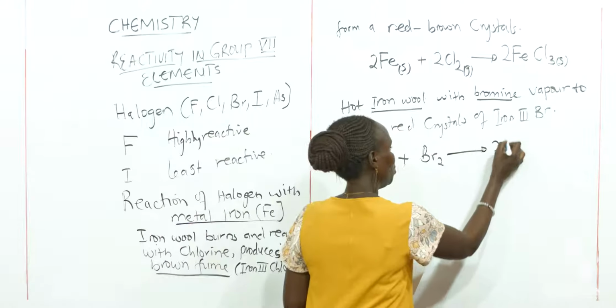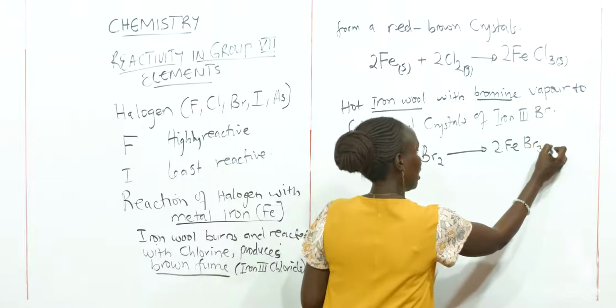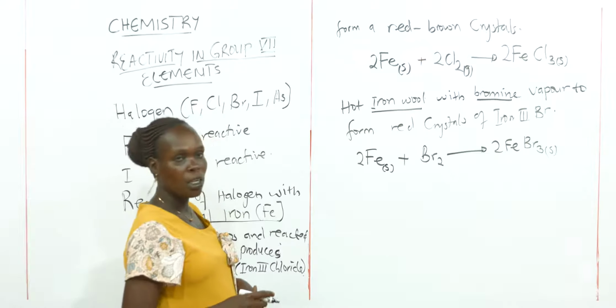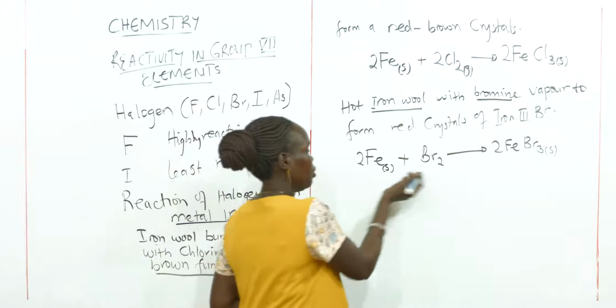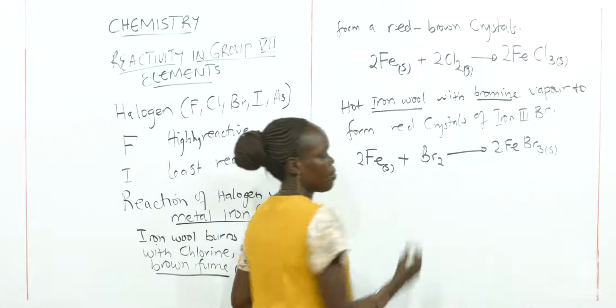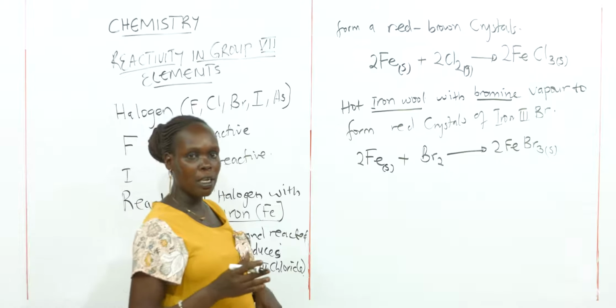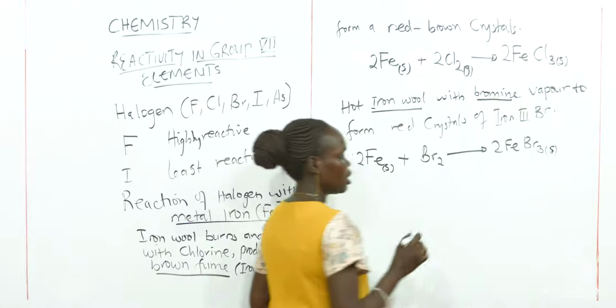2 FeBr3, and here it is a solid, and this is a crystal which is red in color. So in this case we shall have iron reacting with the bromine molecules to give us iron 3 bromide. Iron 3 bromide is a crystal, that is why we indicate it with the S, representing a solid.